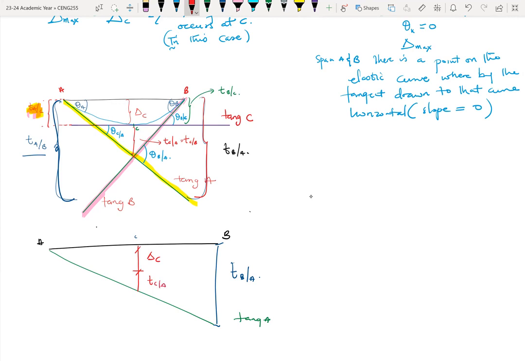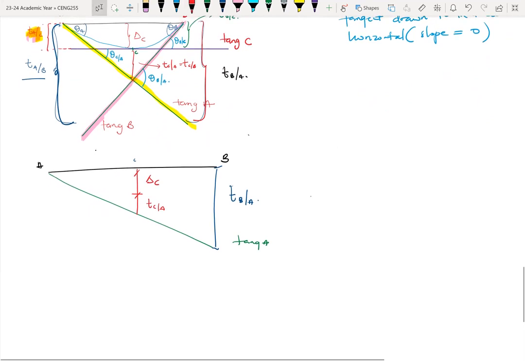All right. So let me call this entire height T prime.